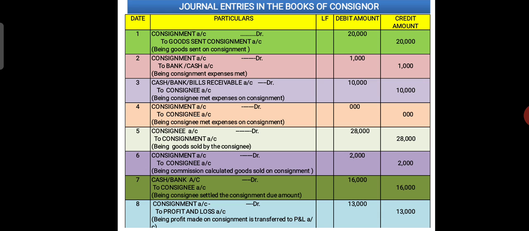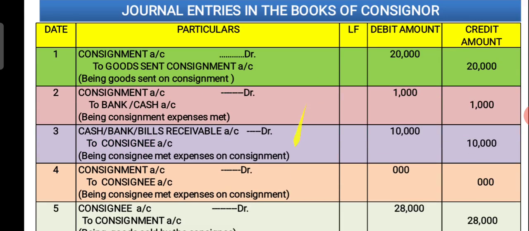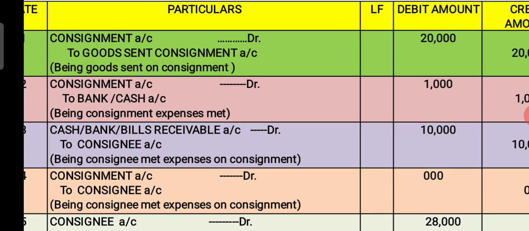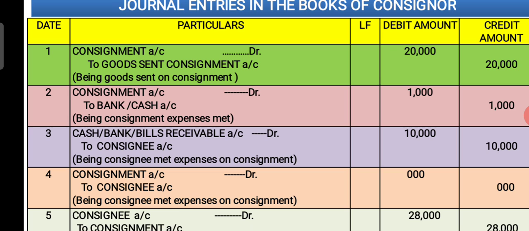Okay, here we have to prepare the journal pro forma. In the journal pro forma, we will have 5 columns: date column, particulars column, JF number, debit amount, and credit amount column. First entry we write when we send the goods on consignment.